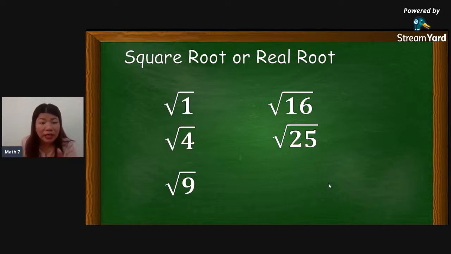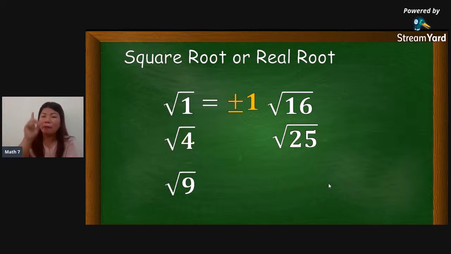So, dito yung number na nasa loob ng radical sign ay 1. Para makakuha tayo ng 1, imumultiply natin ang positive 1 times positive 1, negative 1 times negative 1. So, ibig sabihin, ang real root ay dalawa ang sign. We have positive at saka negative. Ulitin ko ha, real root, dalawang sign yan. It's either positive or negative.